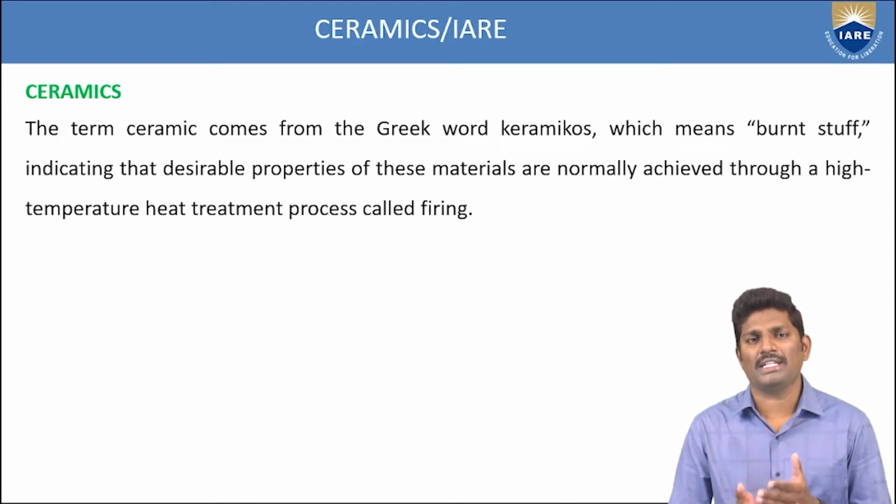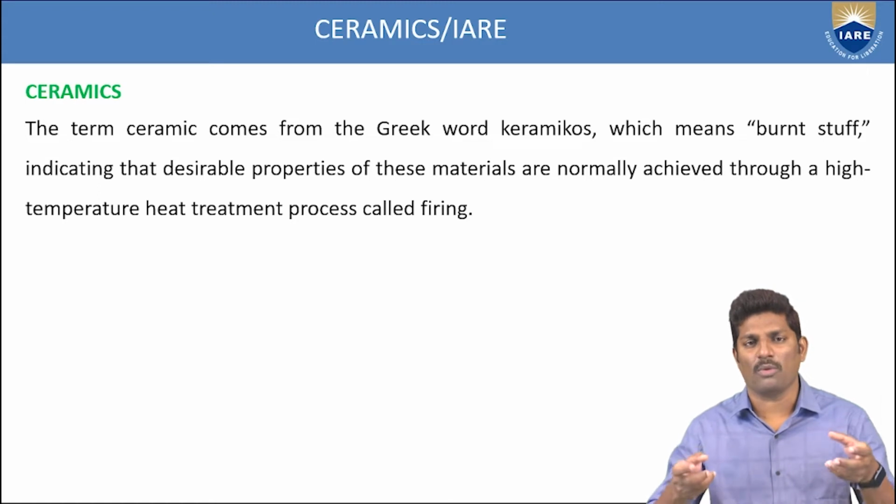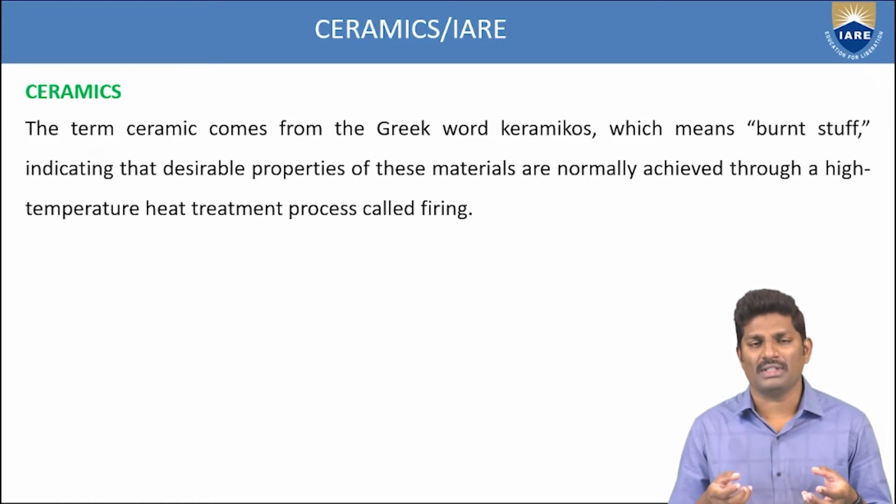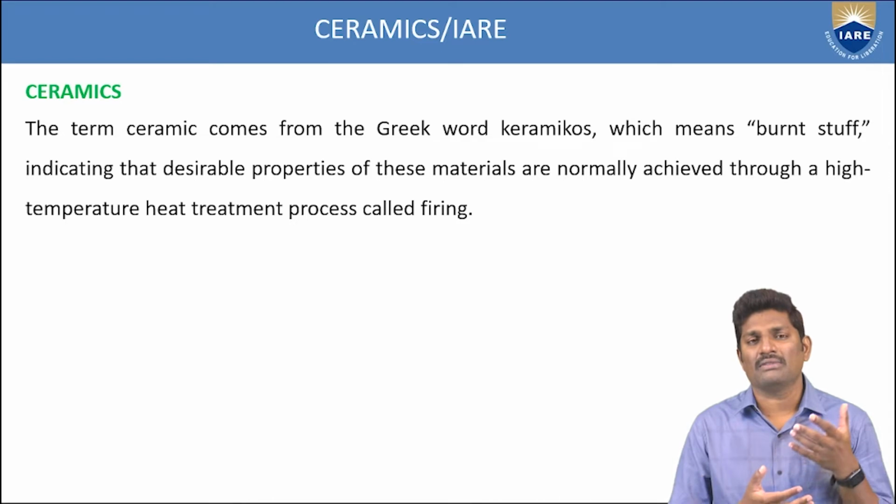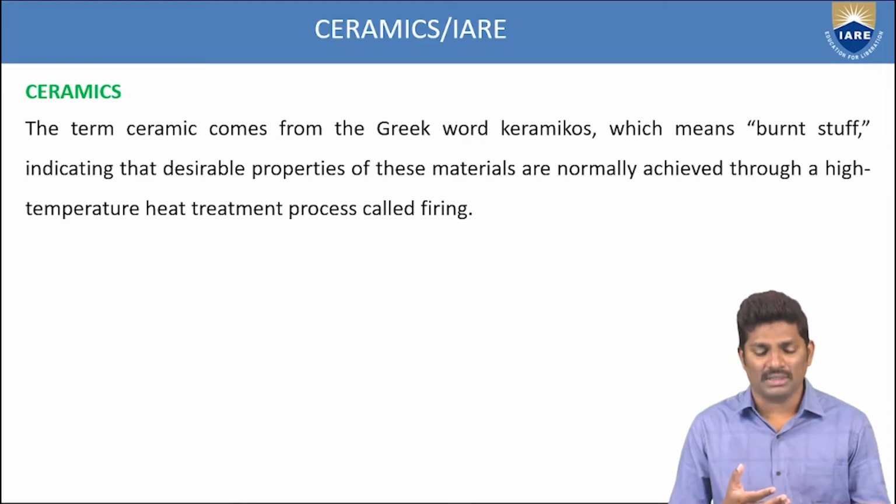Once you do the heat treatment process, then only it becomes a solid type of material. Whatever clay material we have, we can't directly use this clay material for any purpose. Once you make it into some model with different dimensions and then do the heat treatment process or the burning process, that is called burnt stuff. Keramikos is nothing but the burnt stuff. Once you burn the clay to the required temperature, then you can use it for its utilization.